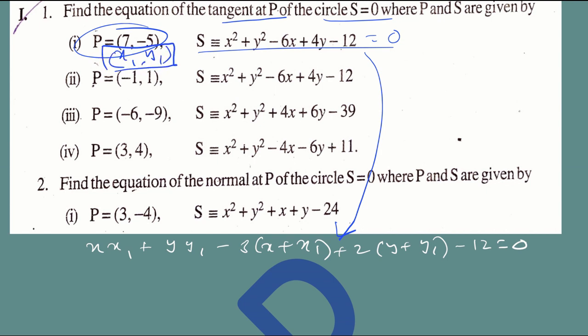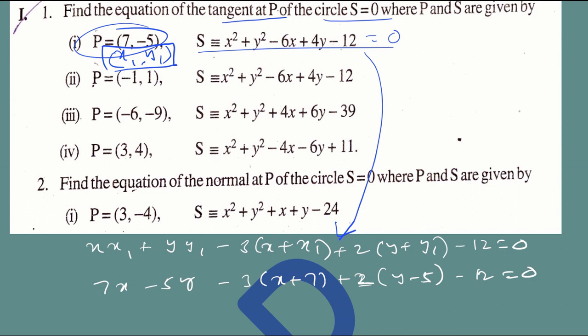So in the place of x1, y1 we have to write 7 and minus 5. So I get 7x minus 5y minus 3 into (x plus 7) plus 2 into (y minus 5) minus 12 equal to 0. You simplify, you have the answer. Similarly, you can complete the remaining things.